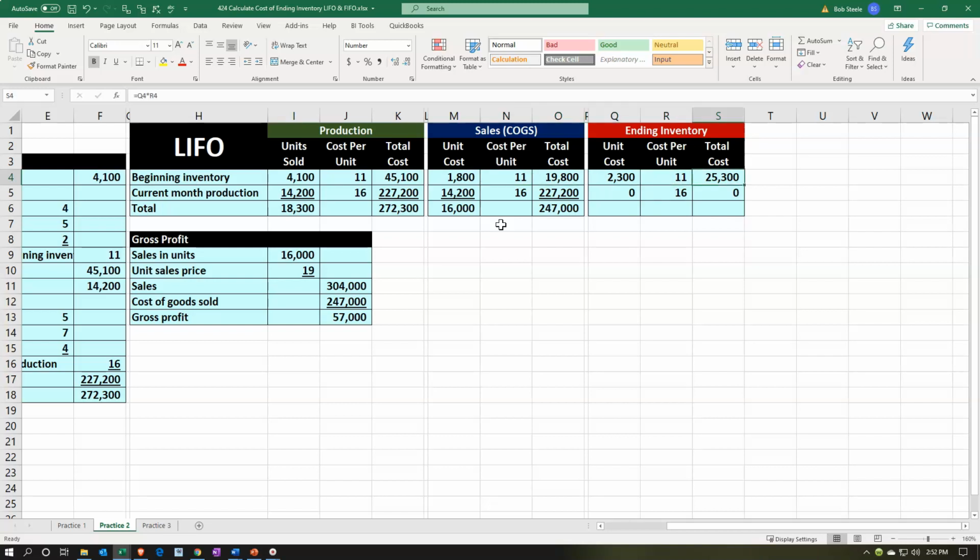And then ending inventory on the books is also lower than we would think. So it makes us look worse once again, because what's left on the books are the cheap units, the ones that we're applying the lower cost to. Therefore, our assets will be lower than they would be under the first in, first out method. So LIFO will be lower than under first in, first out if there's rising prices, which is the norm.